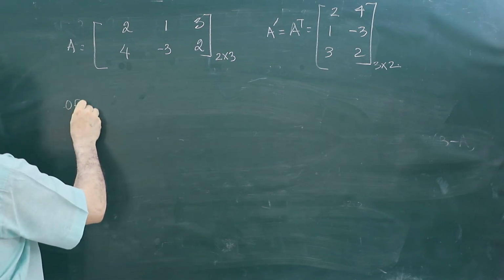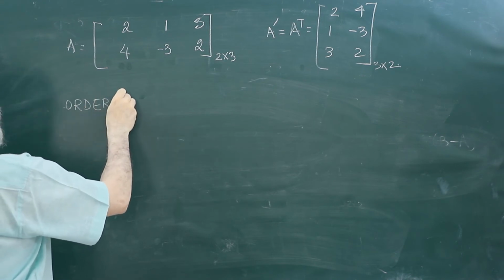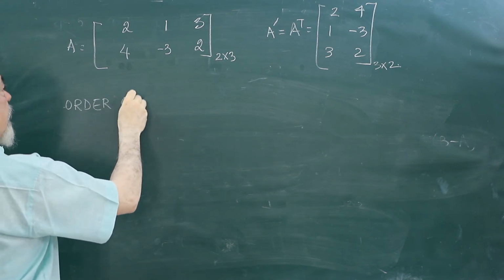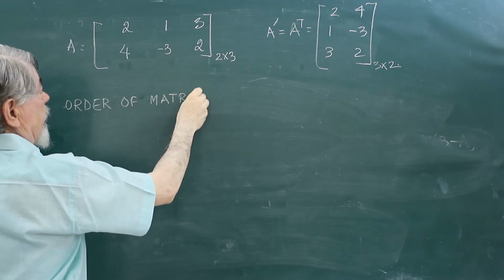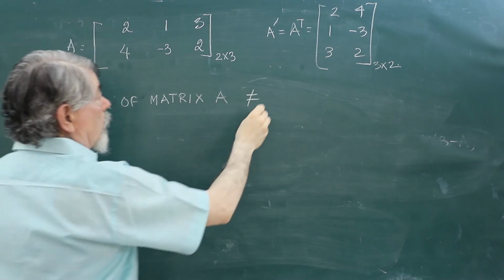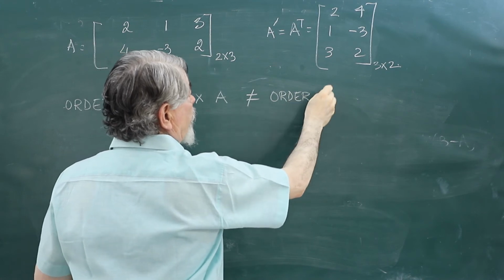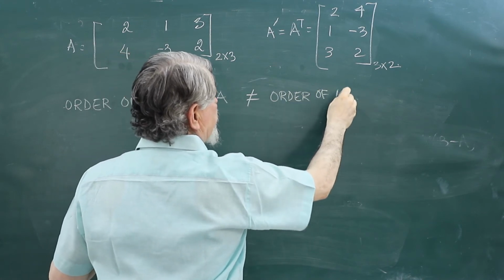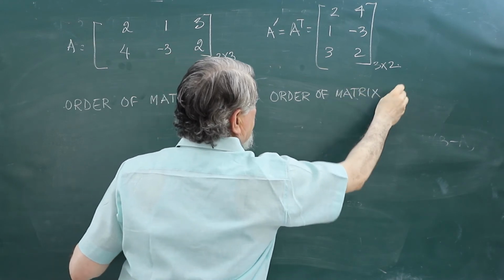Order of matrix A is not equal to order of matrix A^T.